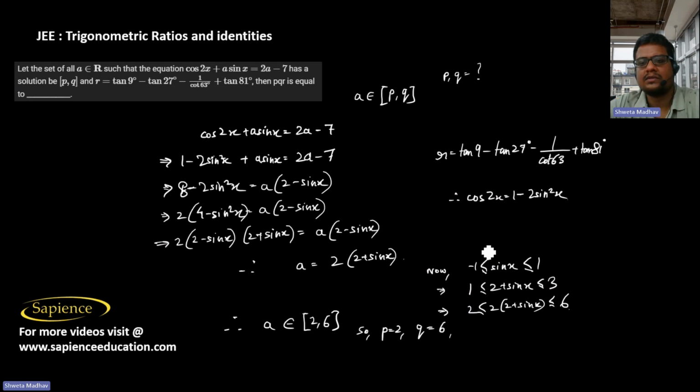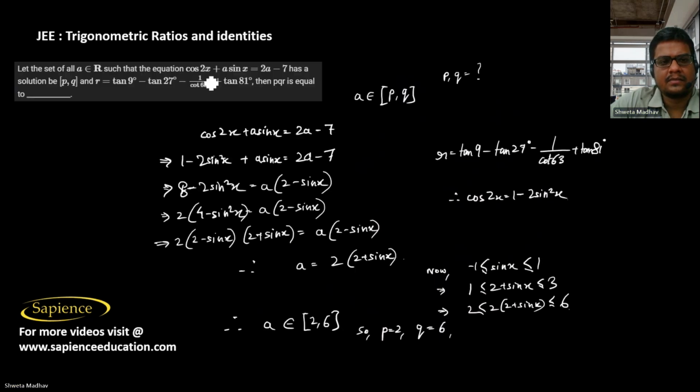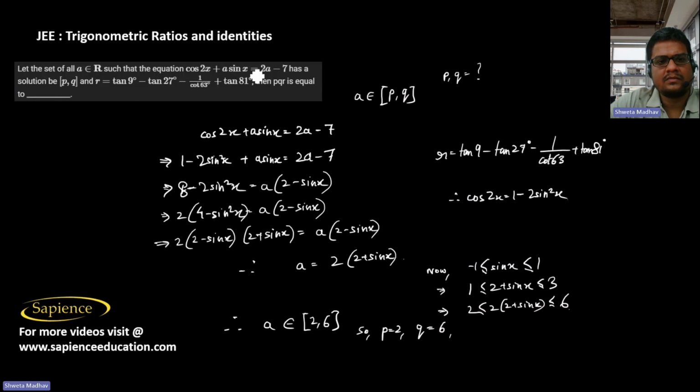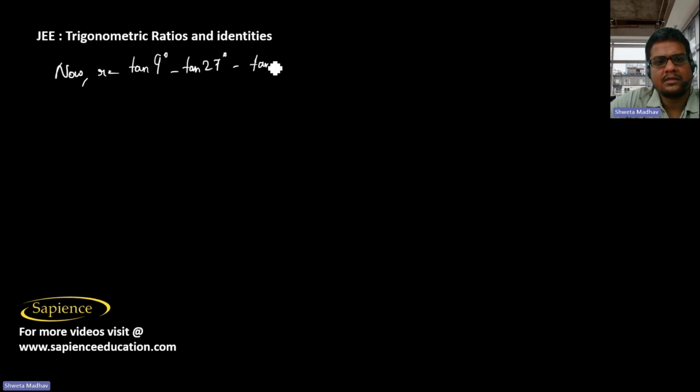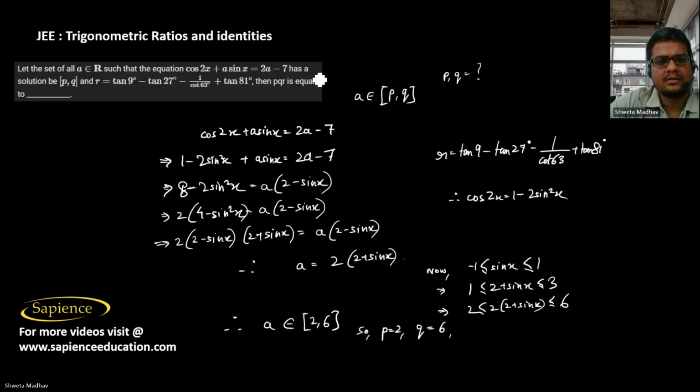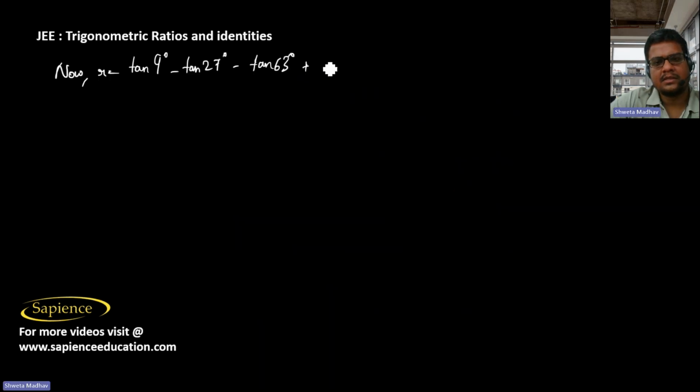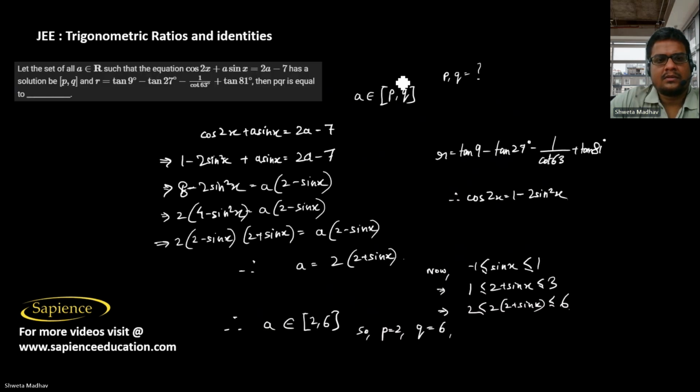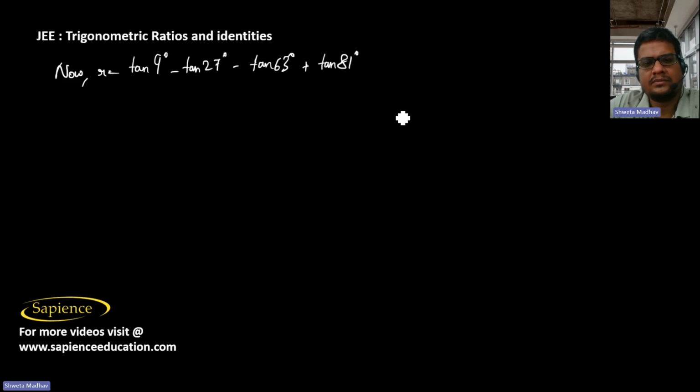And then r value we have to find out. Now r value is equal to tan 9 degree minus tan 27 degree minus 1 by cot, so it is tan 63 degree, then plus tan 81 degree. Now tan 81 degree, so we know that tan theta equals cot 90 minus theta.